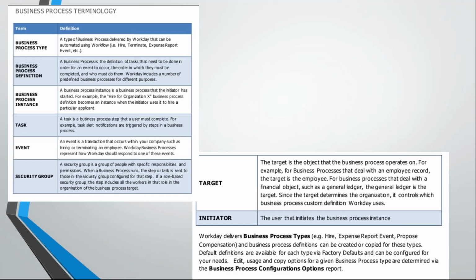It's basically like a hire for Ramesh in a specific organization. Those we call instances. Each event is created as an instance in Workday. These instances are unique, and you can see that they have a specific instance ID in the URL.